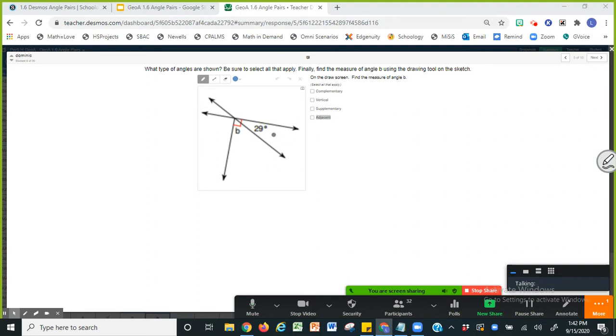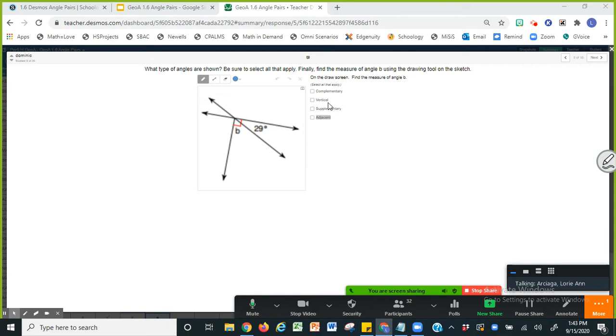And then if they're side by side, what do you call that? Supplementary. Nope. Supplementary means they add up to 180, but they could also be side by side angles. Since they don't add up to 180, you don't click on supplementary.